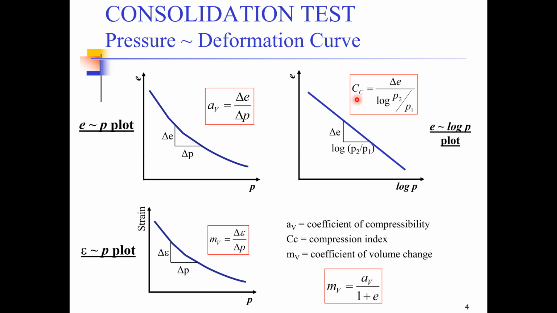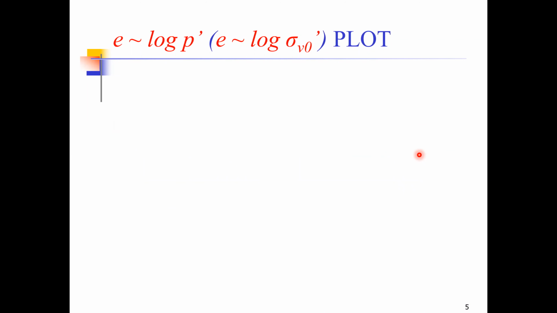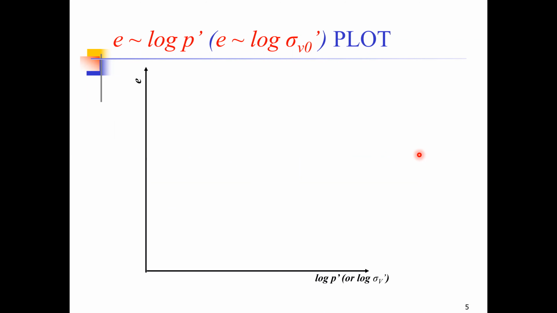So let's explore this graph a little bit more in detail, and let's see some of its components. So this graph, the E log P graph, has void ratio on the y-axis and log of P on the x-axis.